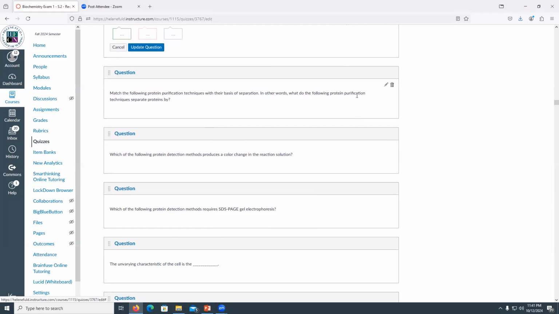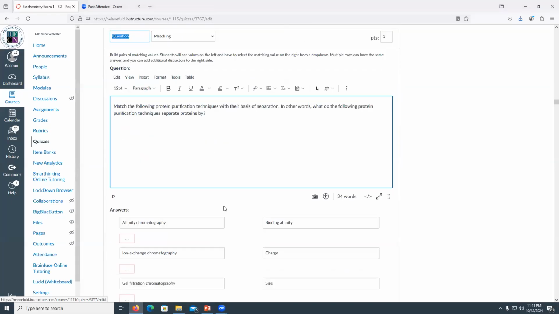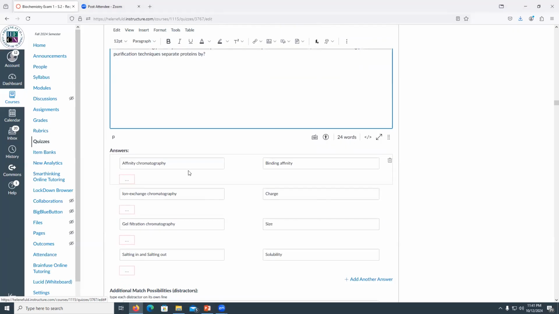Match the following protein purification techniques with the basis. So now let's look. Affinity chromatography, like I said, we bind through binding affinity of some nucleic acid to the complementary nucleic acid sequence, or some enzyme that's going to bind to another substrate, or some antigen is going to bind to some amino acid.